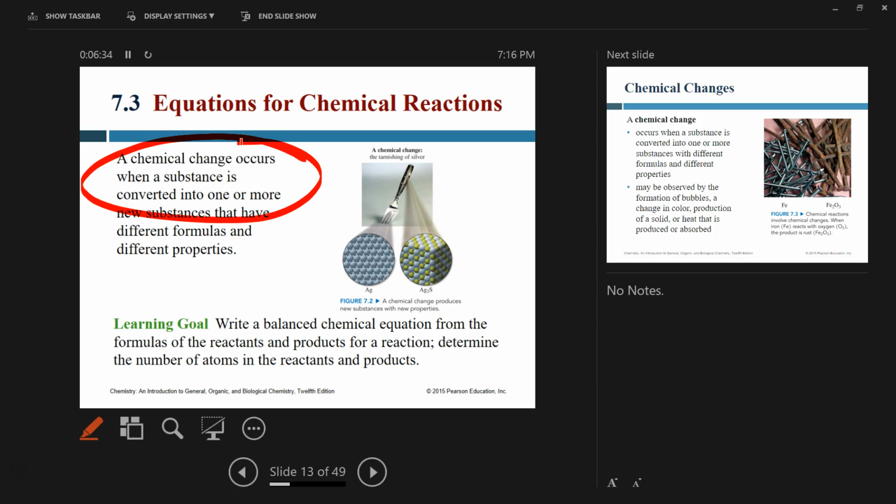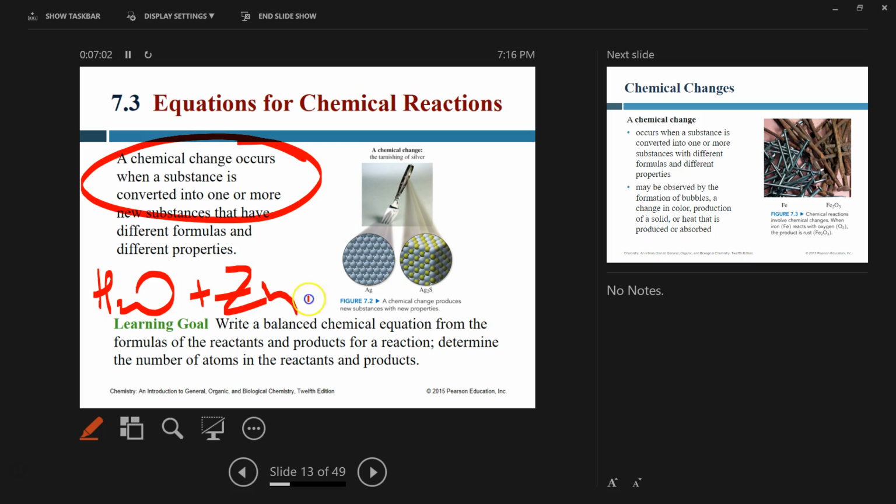So what it means is that in the very beginning of the chemical reaction, you have a certain number of atoms. Let's say you have a reaction between water and zinc. Okay?